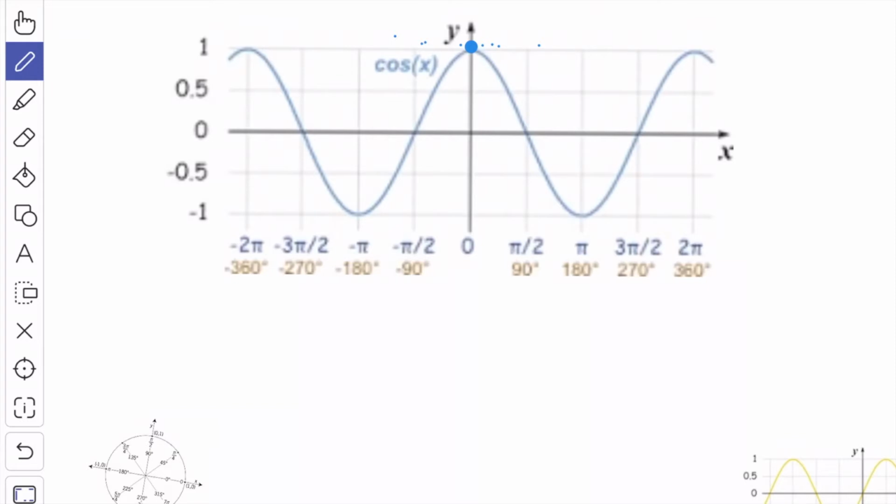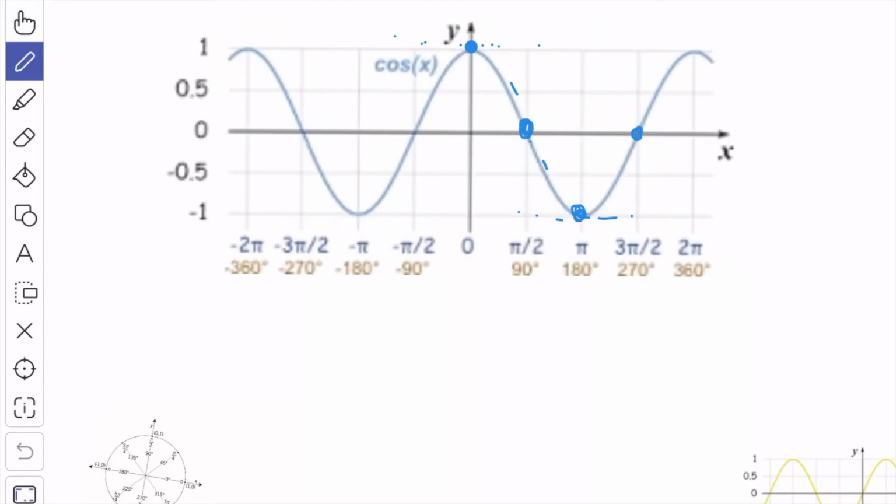On the other hand, at pi over 2, right there, now the slope is the steepest it's going to be. It's at its maximum steepness. And at 1 pi, we're back to, again, a slope of 0 right at the bottom of that curve.